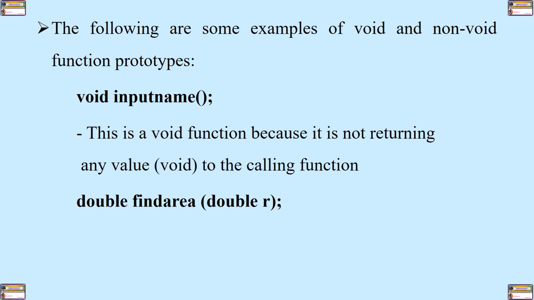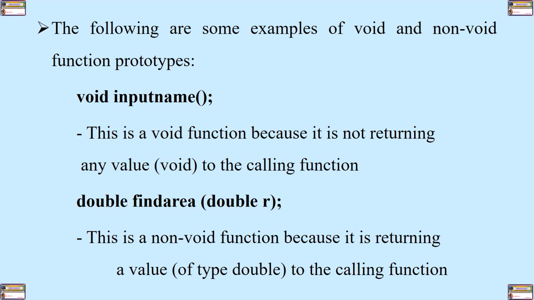That value will be passed to it by the main function. And after the computation, this function called findArea will return a value which will be of type double. So this is a non-void function. Why is it non-void? It is returning a value.